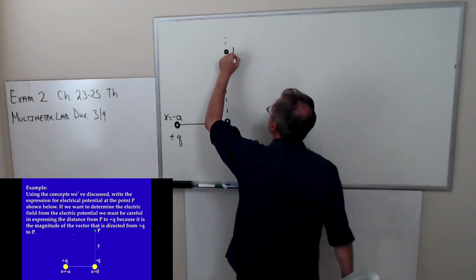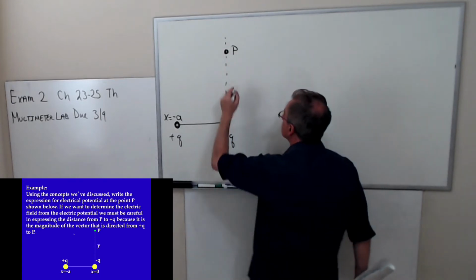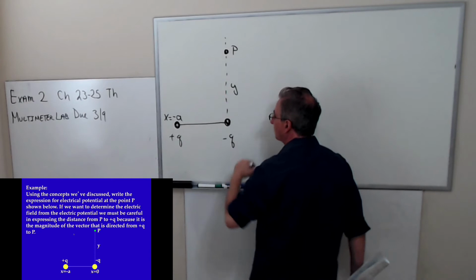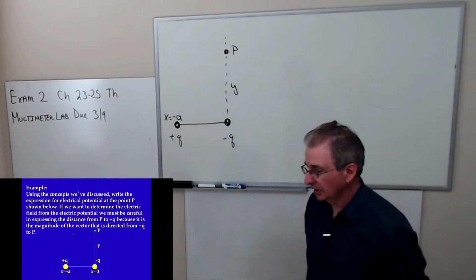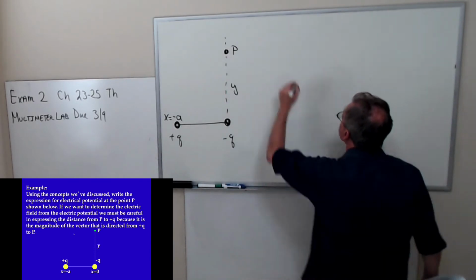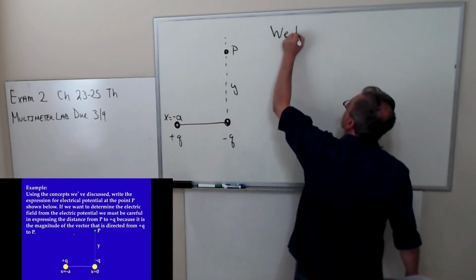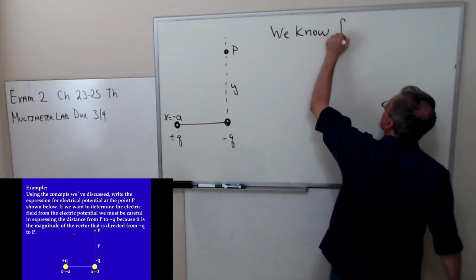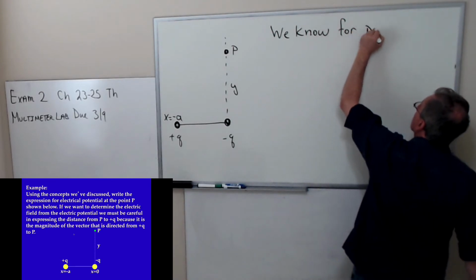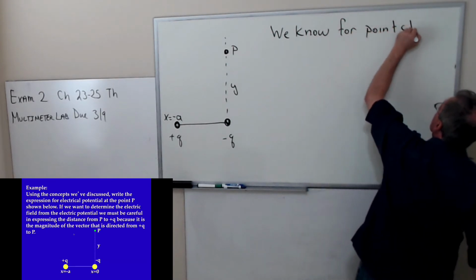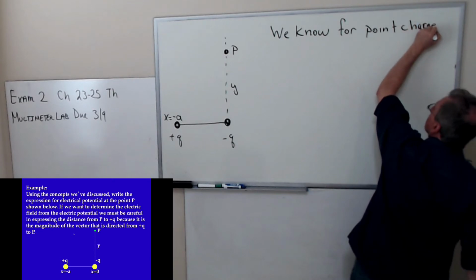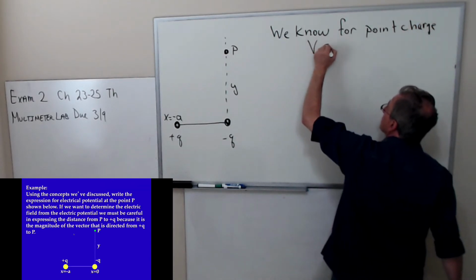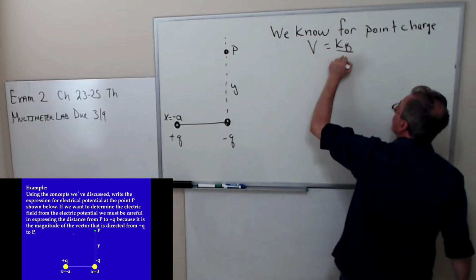We want to calculate at some point P here a distance y from the x-axis. And we know, we did this the other day, that V for a point charge is kq over r.